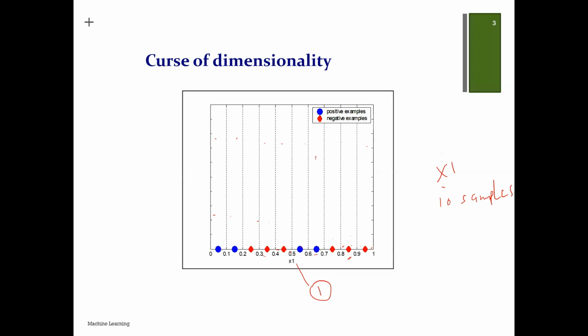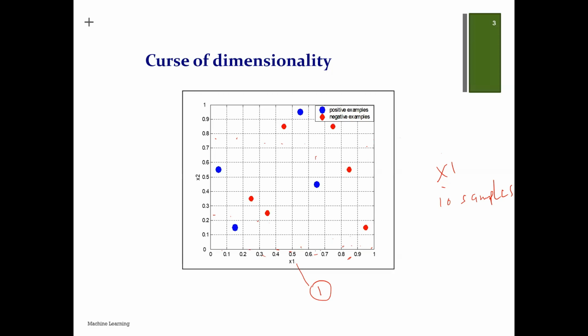However, when you increase the number of features by just one, this is the challenge we face. You can see it now becomes X1 and X2.